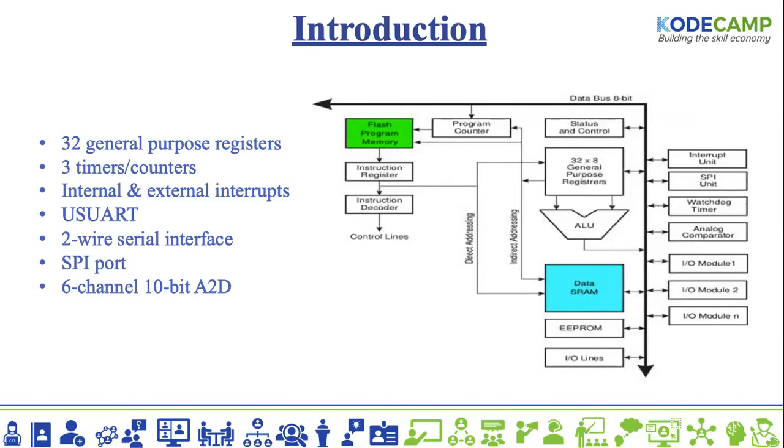Now, the reason the input and output pins are divided into groups of 8 pins is that this allows the state of the pin to be represented by bits. We are going to talk about that in the next class.